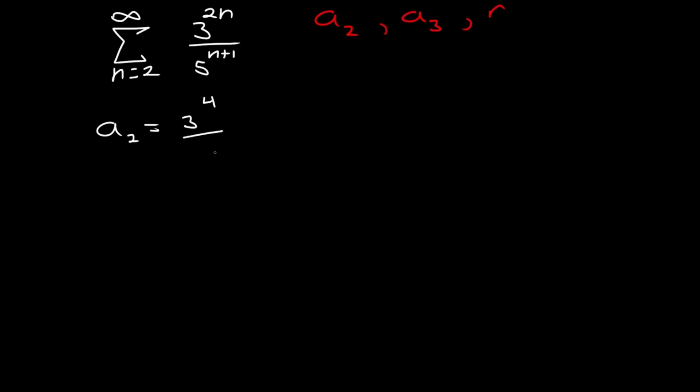If we plug in a 2 for 5 raised to n plus 1, we'll get 5 raised to 3. For our second term, a sub 3, we will get 3 raised to 2 times 3, which is 6, divided by 5 raised to 3 plus 1, which is 4.